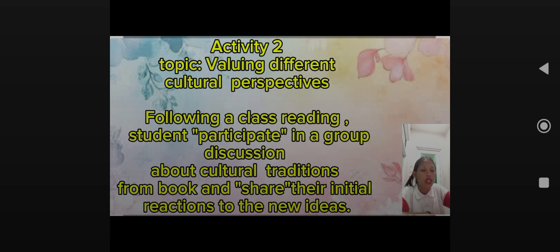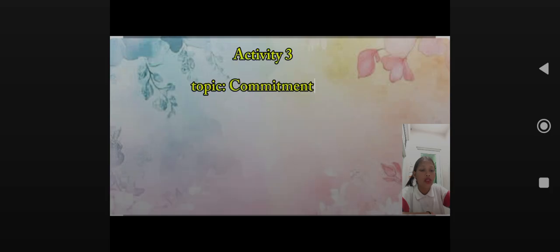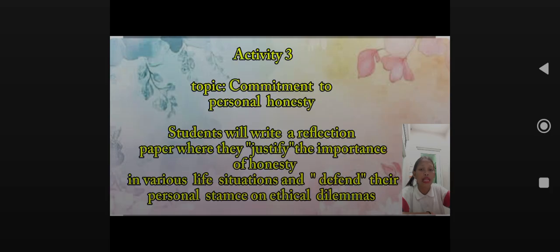So next, activity 3, commitment to personal honesty. So students will write a reflection paper where they justify the importance of honesty in various life situations and defend their personal stance on ethical dilemmas.